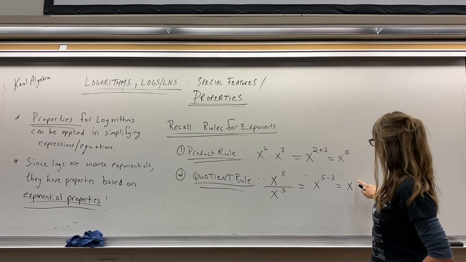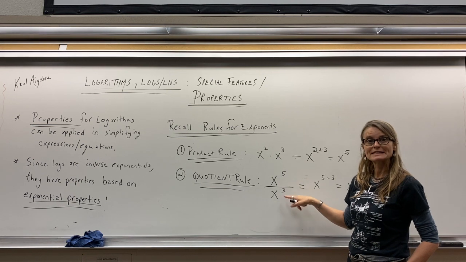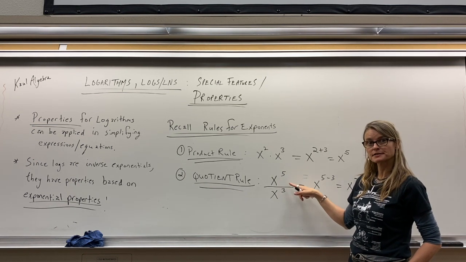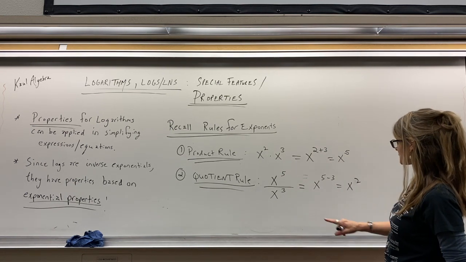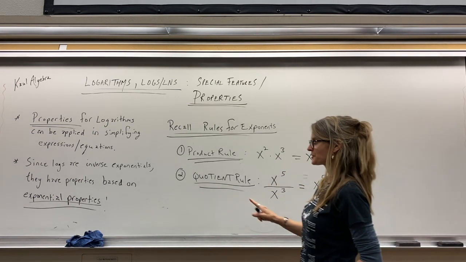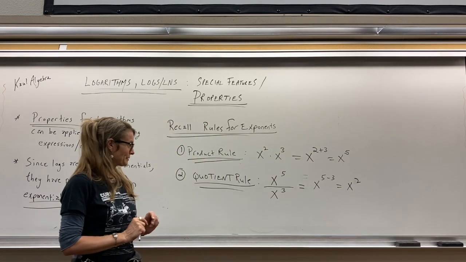The way I actually like to think about this one is that if you move the position of your base from numerator to denominator or denominator to numerator, you change the sign of the exponent. So I could bring this base up, it becomes a -3, and then I can add them. So the quotient rule is really the product rule said in a different way.